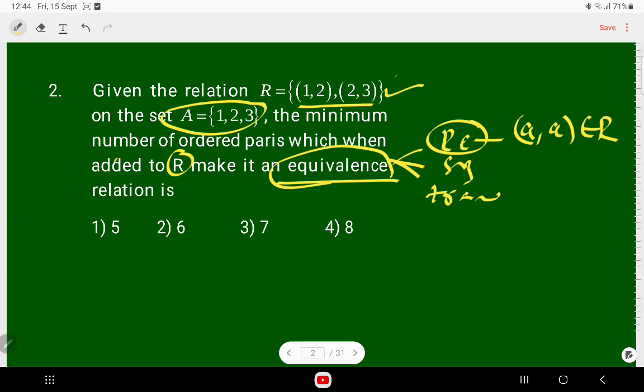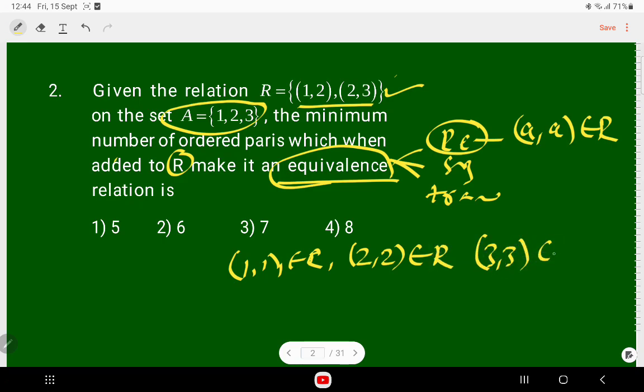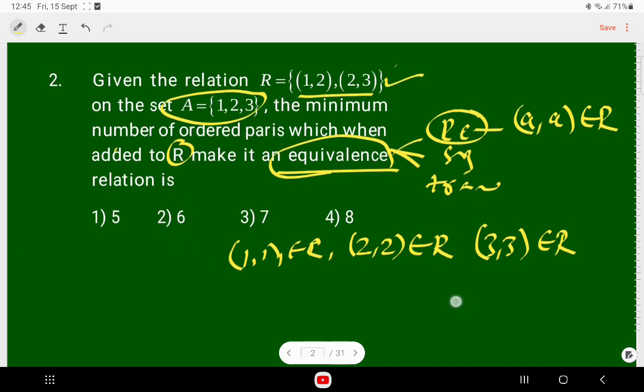So here (1, 1) must be in R, (2, 2) must be in R, and (3, 3) also must be in R. At minimum these 3 ordered pairs must be in R, then only it is called a reflexive relation. Reflexive relation means every element in A must be related to itself. That means (1, 1), (2, 2), (3, 3). We got 3 ordered pairs.